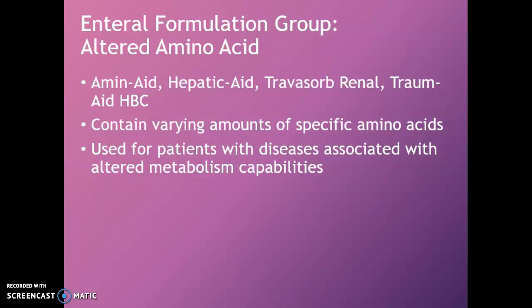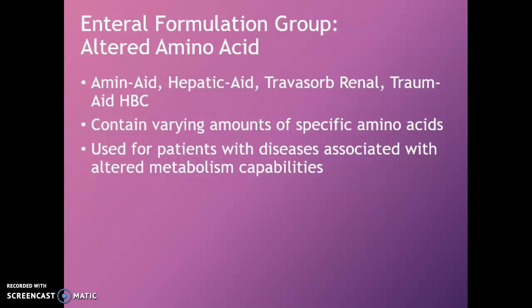They contain varying amounts of specific amino acids. As I said, these are referred to frequently as disease-specific formulas because they're used for patients with diseases that are associated with a particular altered metabolism capability. And so that amino acid is concentrated, so to speak.